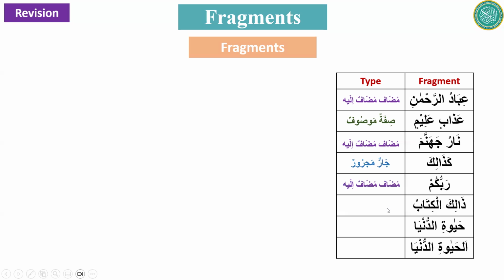Zalika al-kitabu. Is it jar majroor? No, it is not jar majroor. Zalika is not a jar. It is not from those 11 words which are in the table, right? So if you memorize the table, that will really help.